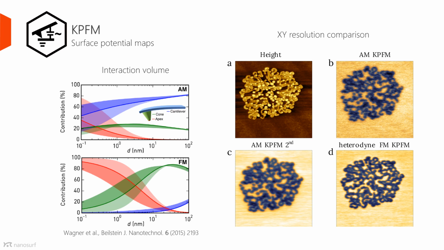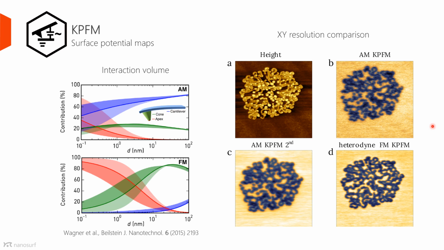So we can see, for instance, in an amplitude modulated technique, the contribution of the cantilever is significant when we are very far away, but also when we are very close. And the contribution of the apex is the only one that increases. But at very close distances, we have more or less equal contributions of all of them. This means that your resolution is not going to be very good in amplitude modulated.